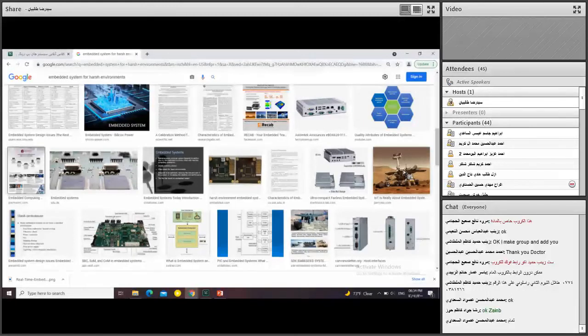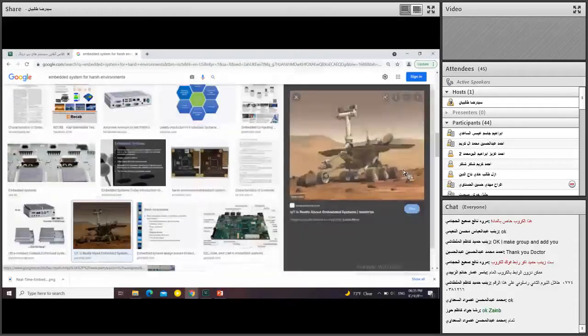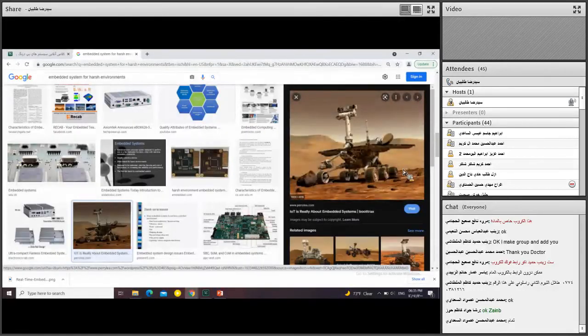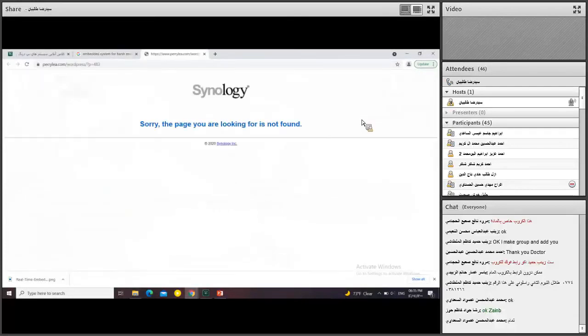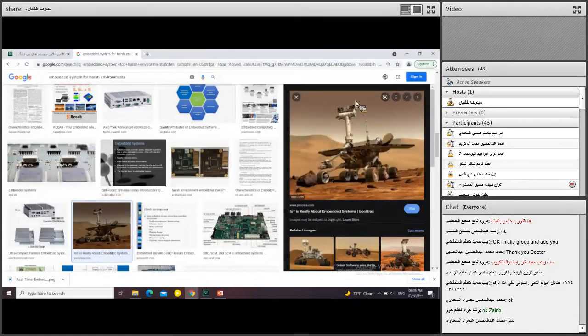If you look at an example for harsh environment, for example, Mars has a very, very harsh environment, and we have some embedded systems here. One embedded system for taking photos and, for example, videos from the environment.